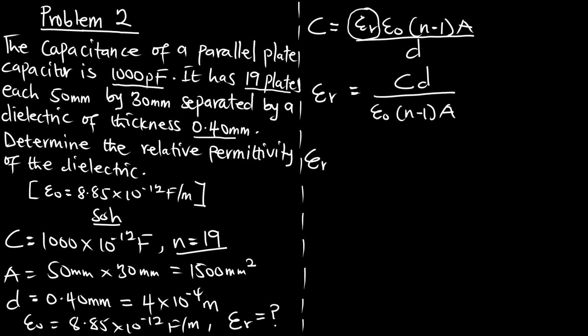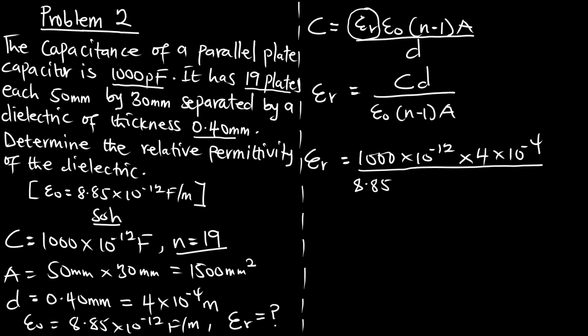Let's put in the values. This is going to be the capacitance, which is 1000 picofarad, 10 to the power negative 12, and the distance, which is giving us 4 to the power negative 4. Everything over free space, which is 8.85 to the power negative 12.